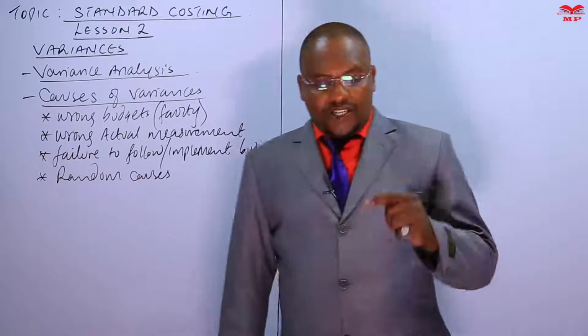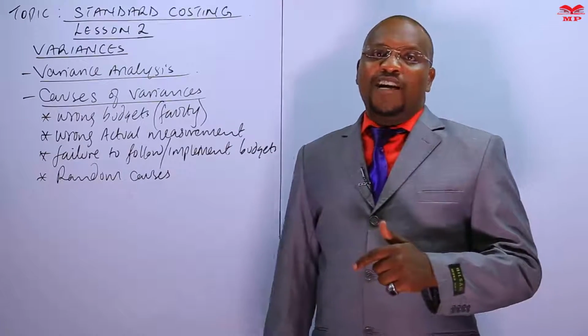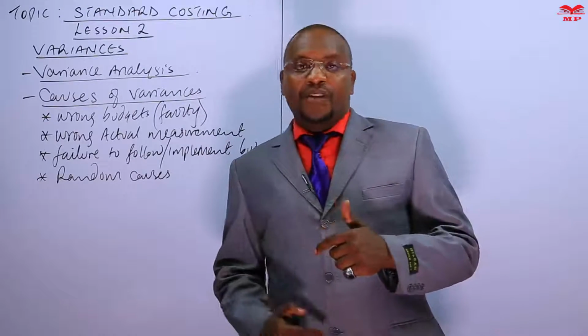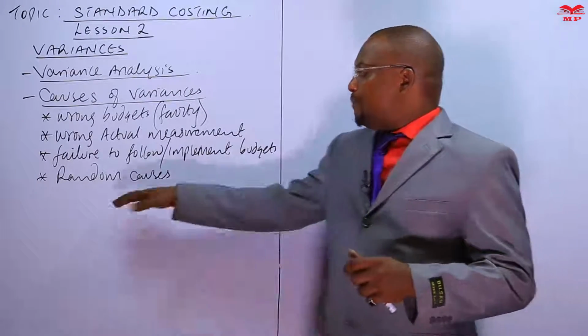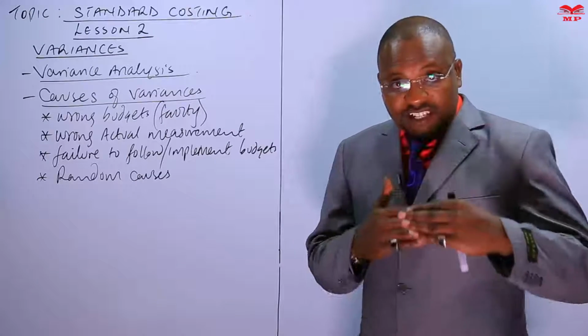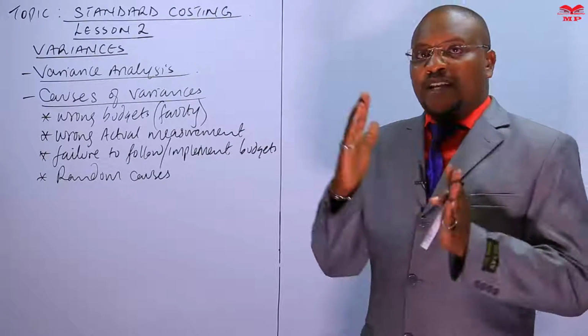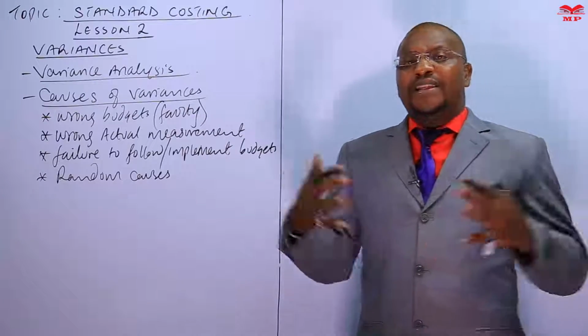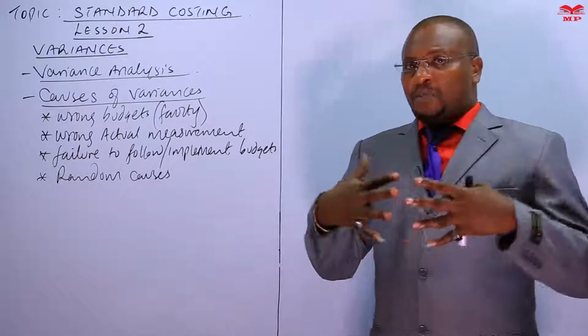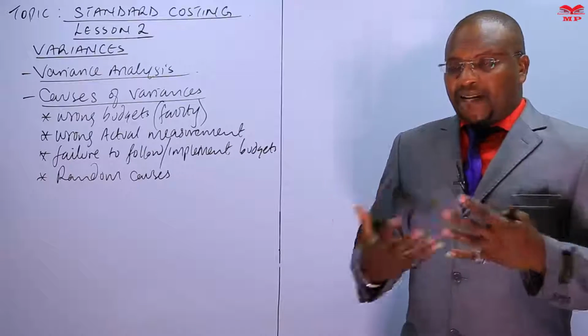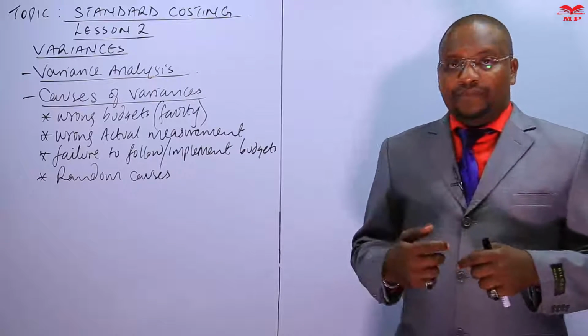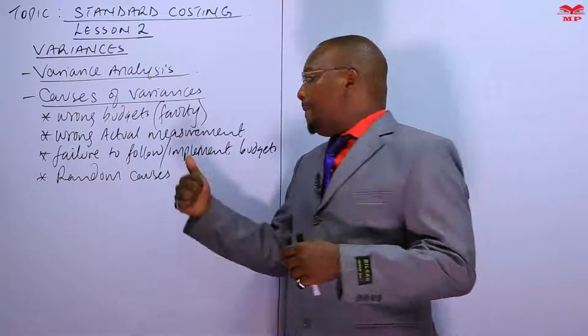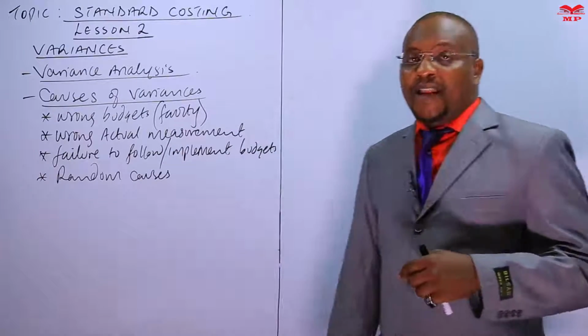You may take the prescriptions as given by the doctor, but still do not get better. You may actually follow the laid down procedures, but at the end you do not get the desired and the targeted results. So these are causes that may not be explained in advance, but they are actually inherent in any comparison or in any performance.